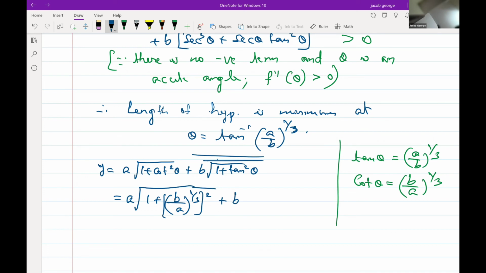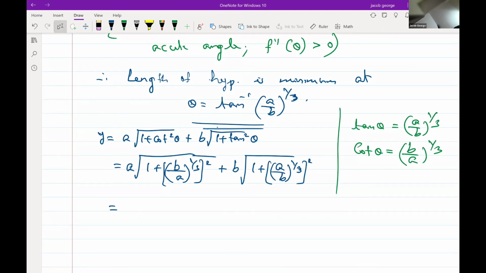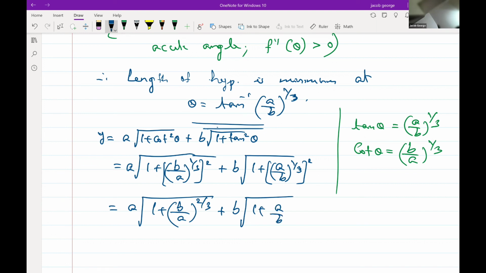Plus b into root of (a by b) the whole raised to 1 by 3, the whole square. That will be a into root of 1 plus (b by a) raised to 2 by 3 plus b into root of 1 plus (a by b) the whole raised to 2 by 3.